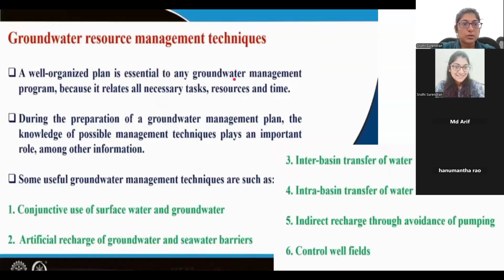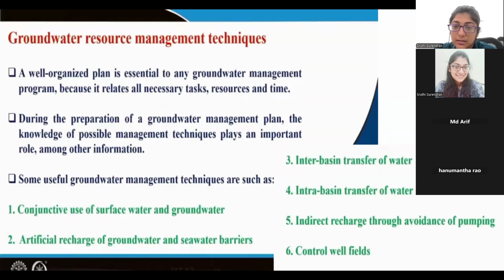So various groundwater resource management techniques involve conjunctive use of surface water and groundwater, which I had explained earlier, a combination method. I mean, making use of surface water to save groundwater. Artificial recharge of groundwater involves recharge through canal seepage, rainwater harvesting and all are artificial recharge.